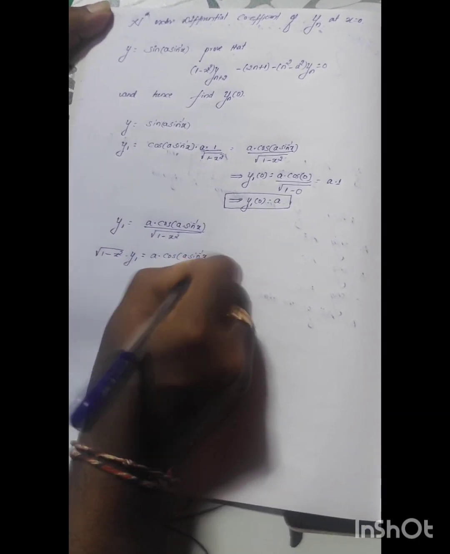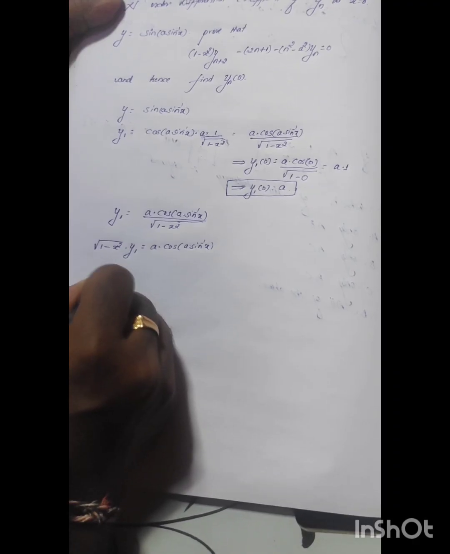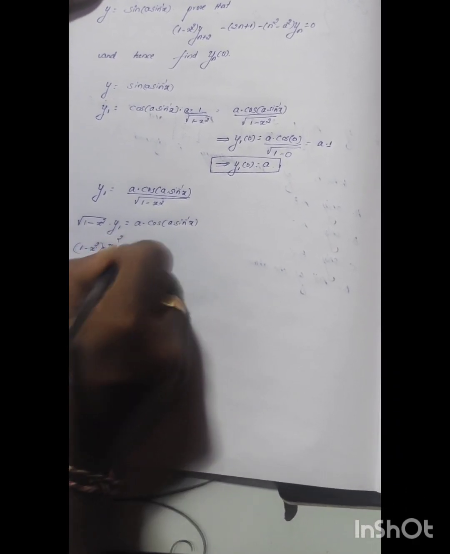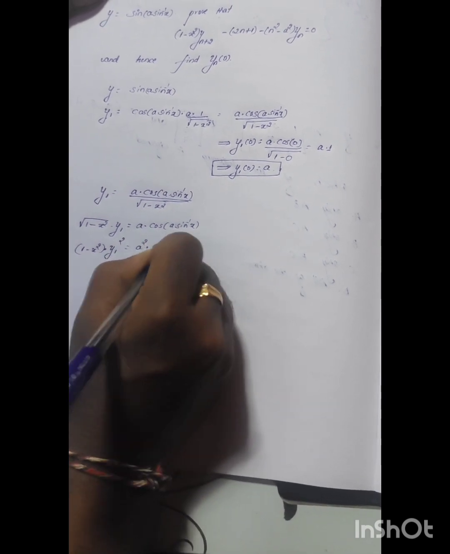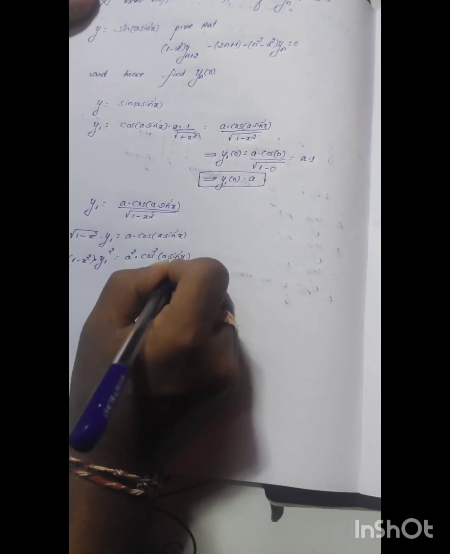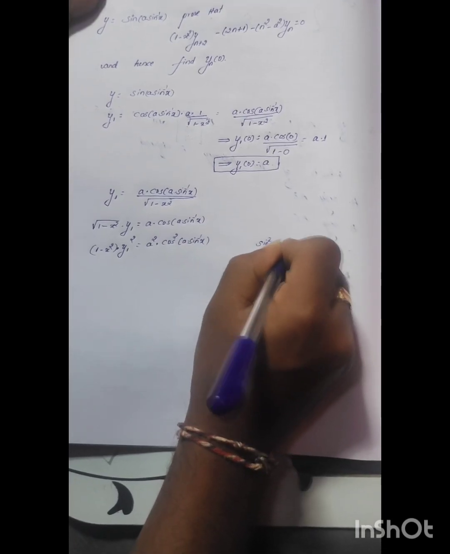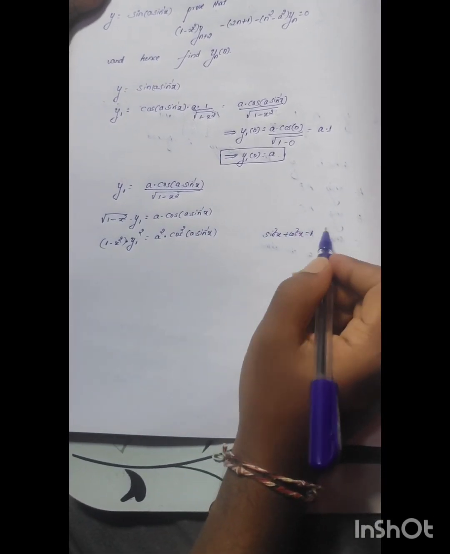Now squaring on both the sides, we will have 1 minus x square into y1 square will be equal to a square into cos square of a sine inverse x. And cos square x can be written as 1 minus sine square x, because sine square x plus cos square x is equal to 1.